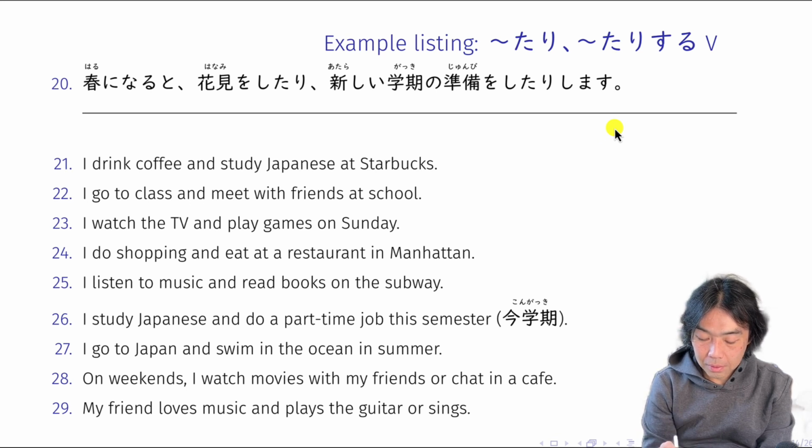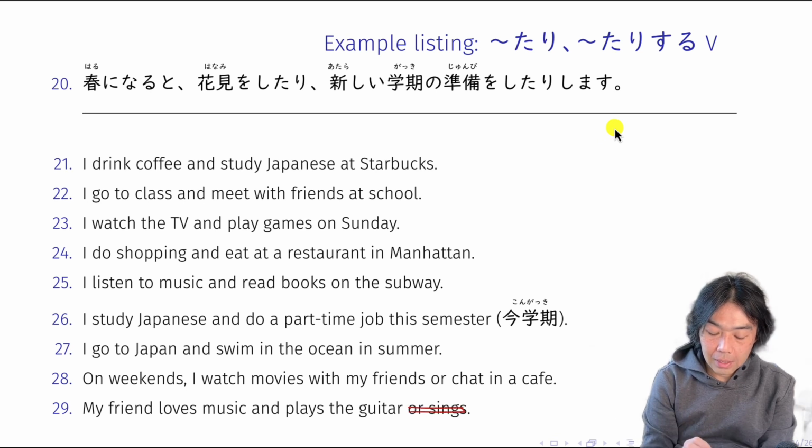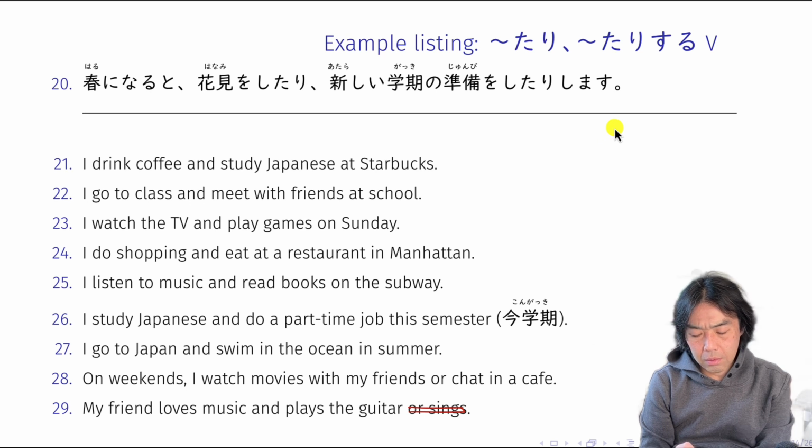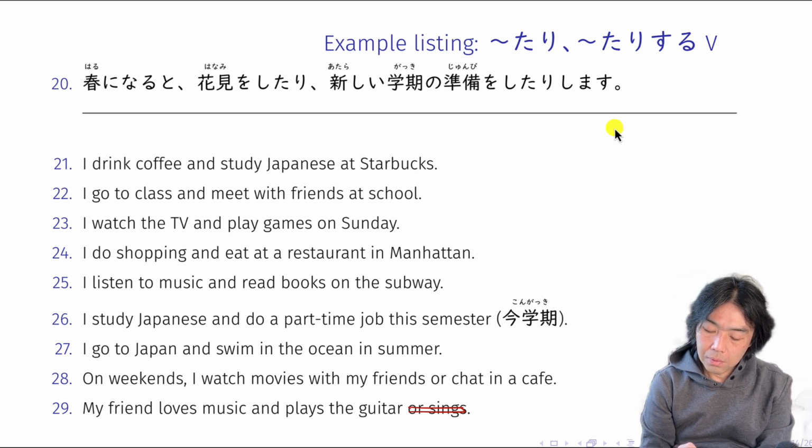Okay. これでいい。友達はOK。友達は音楽が好きだったり、ギターを弾いたりします。Strange sentence.